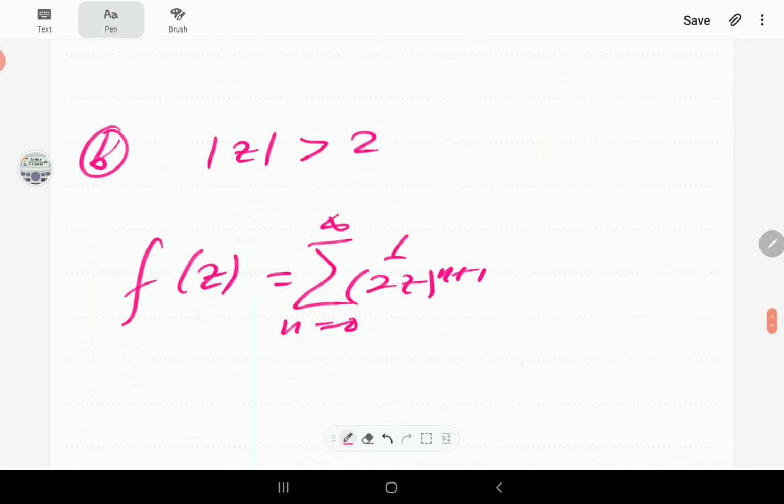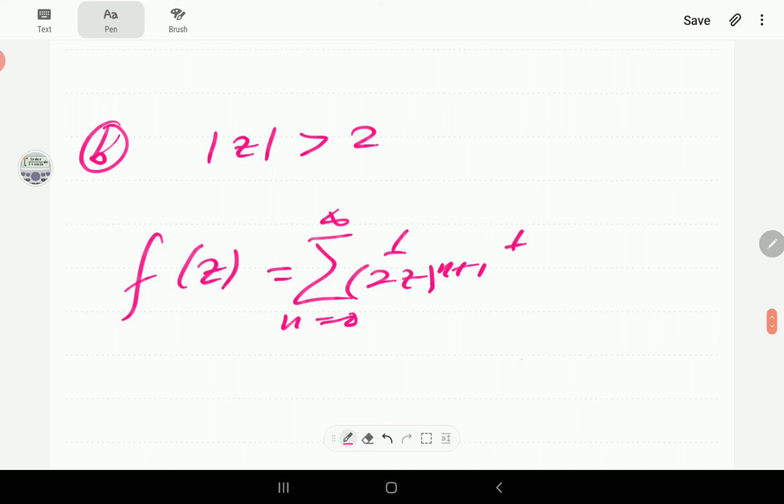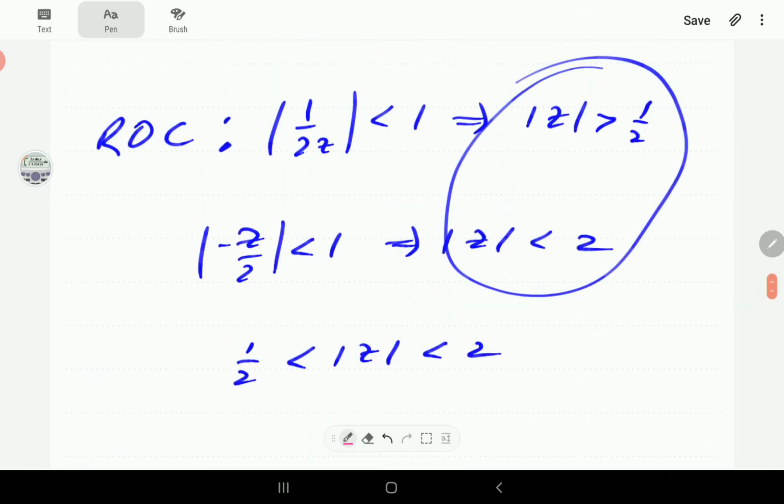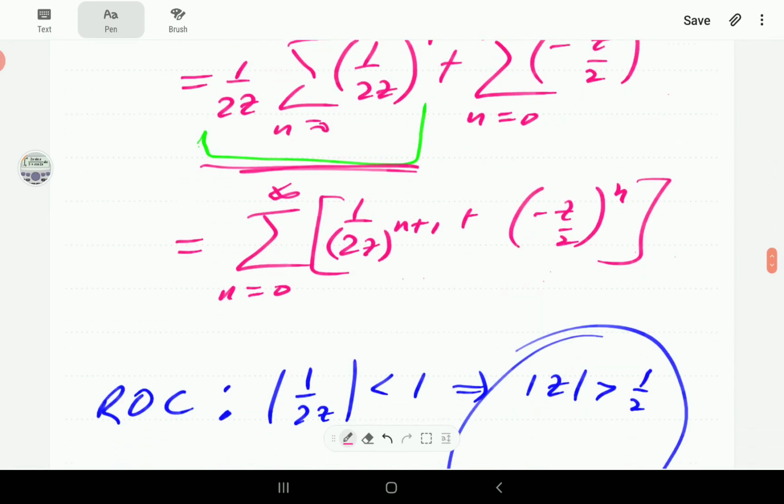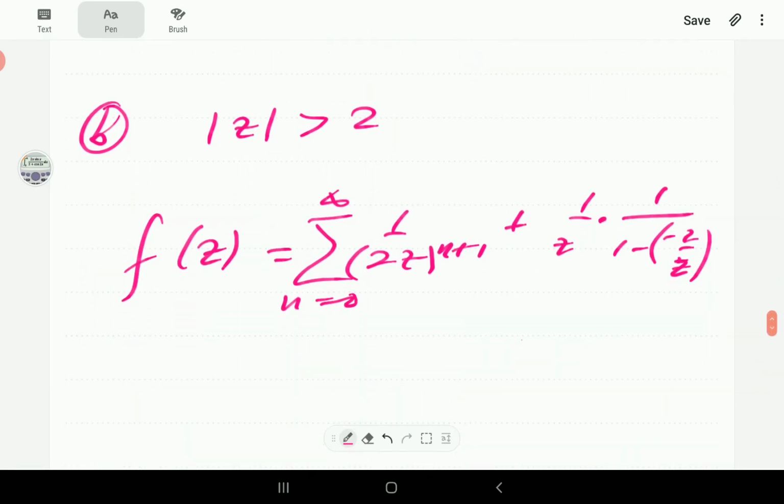The second term, so now we want to factor out the z, so that's going to be minus 1 minus negative 2 over z here. Actually there is a 2, so it's going to be 2 over z here.